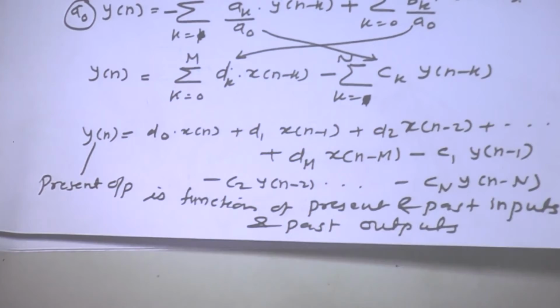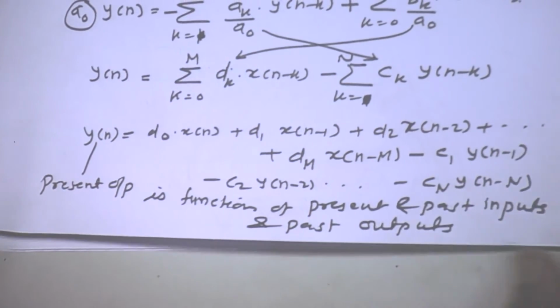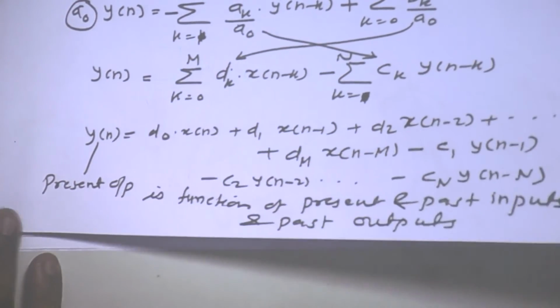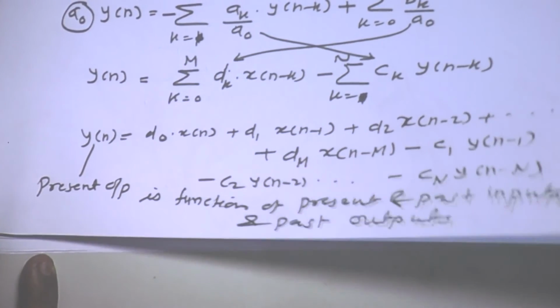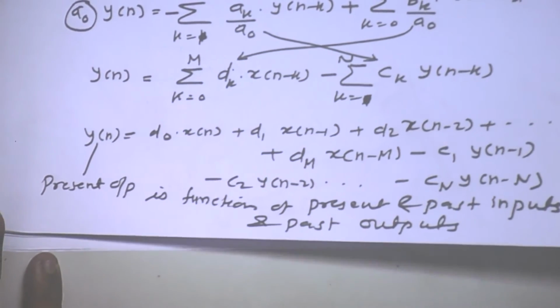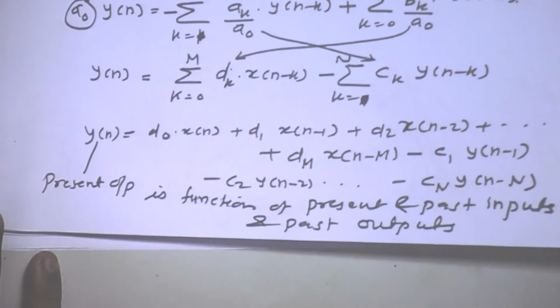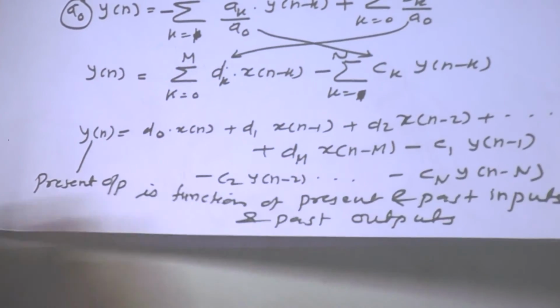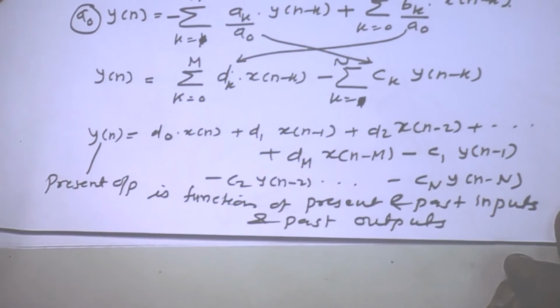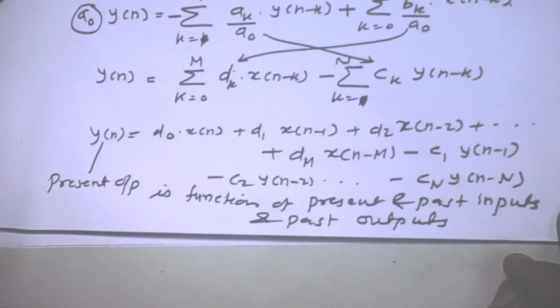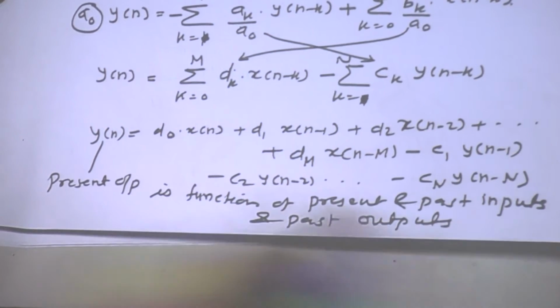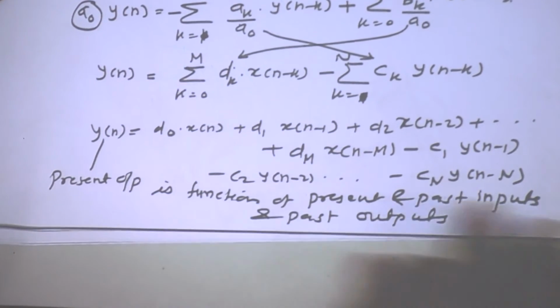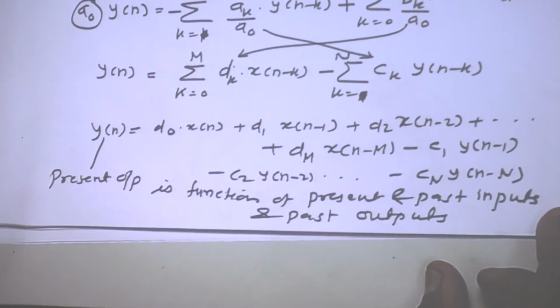We want the output of any system to be a function of something, and this clearly defines the input output relationship for a discrete time system, which is very, very important. So discrete time systems are all governed by some similar difference equations.